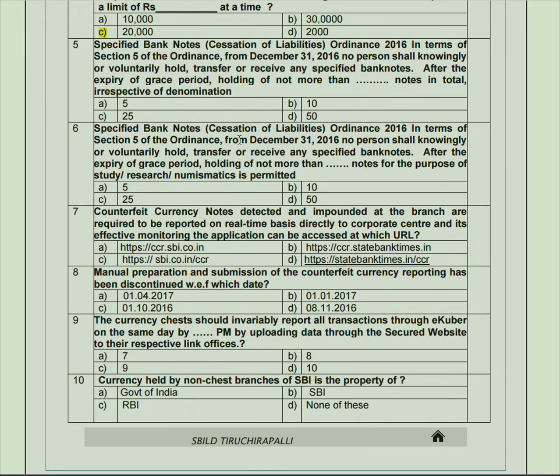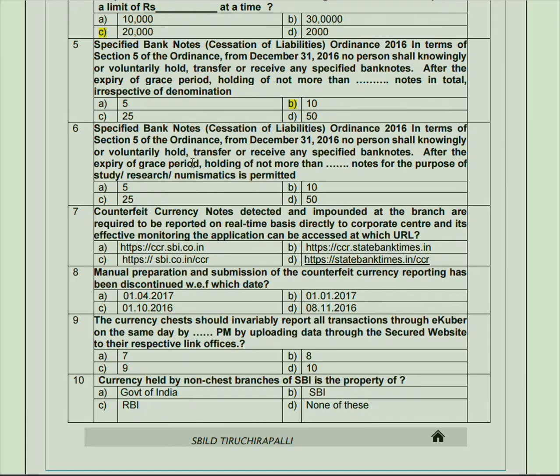Fifth question, Specified Banknotes Cessation of Liabilities Ordinance 2016, in terms of Section 5 of the ordinance from December 31, 2016: no person shall knowingly or voluntarily hold, transfer or receive any specified banknotes after the expiry of the grace period. Holding of not more than 10 notes in total, irrespective of denomination, is allowed. Sixth part, same question.